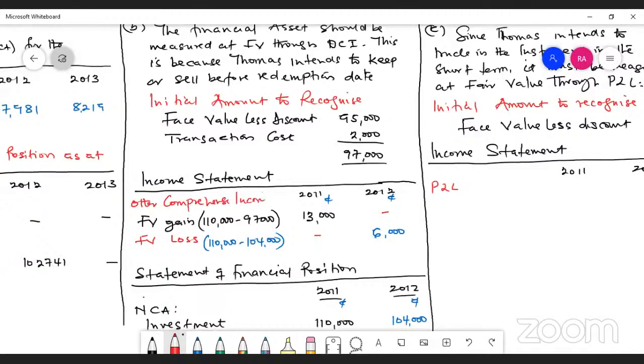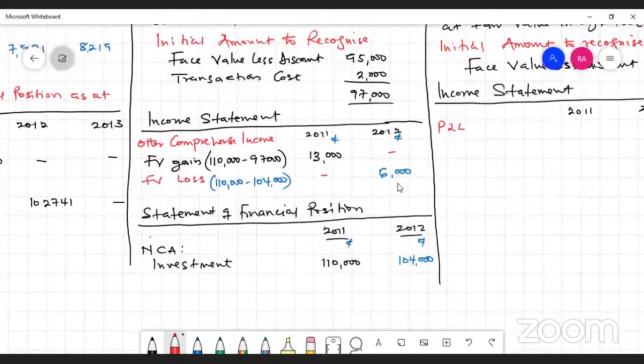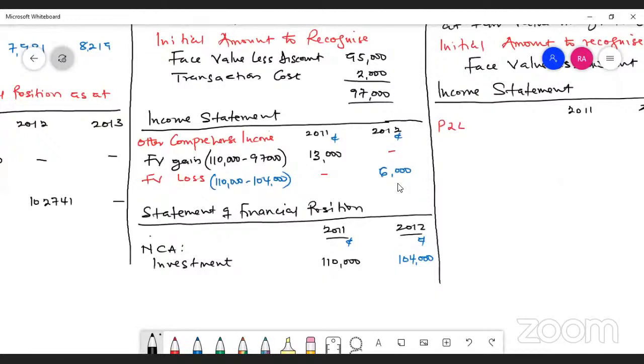So remember, because it is under OCI, I mean the B part, then under equity, we have capital surplus. That will be taking the gains and losses. The first one was 18,000, then there was a loss of 6,000. So it reduced it to 7,000. I believe you understand.